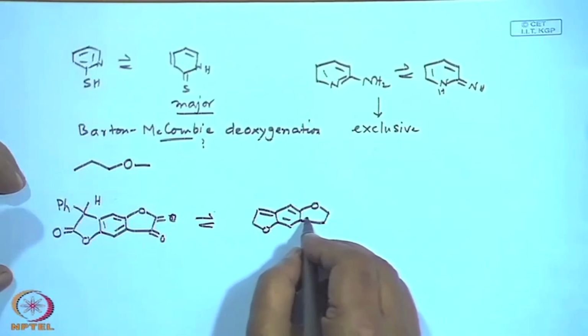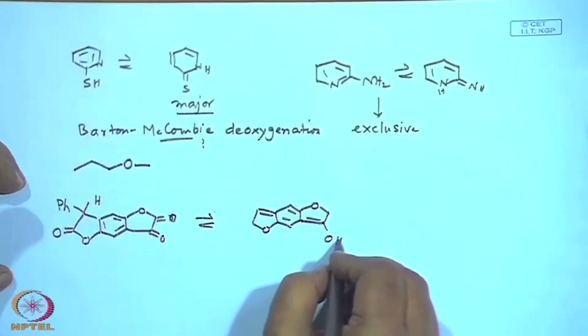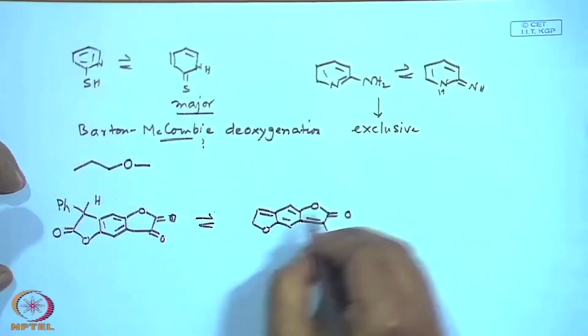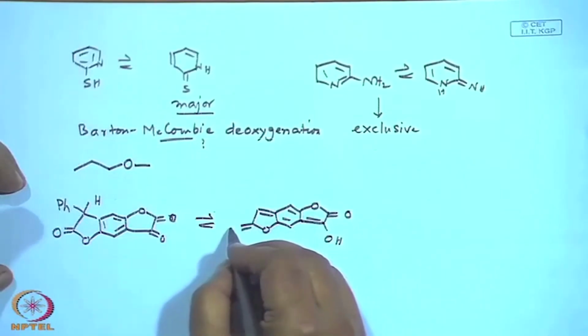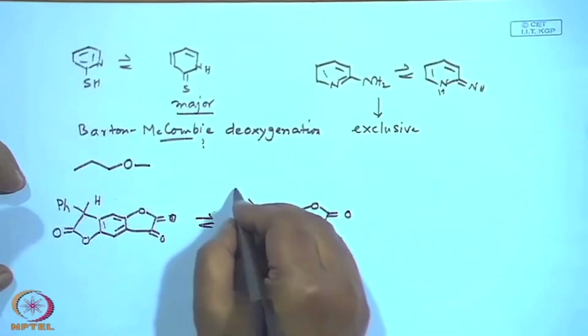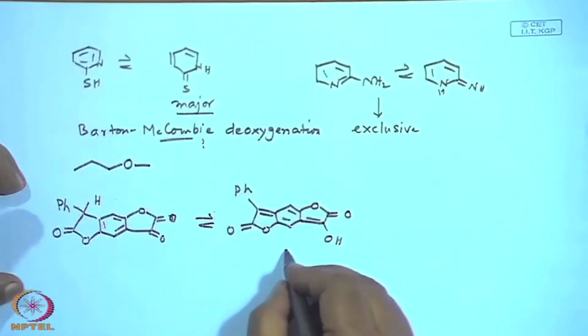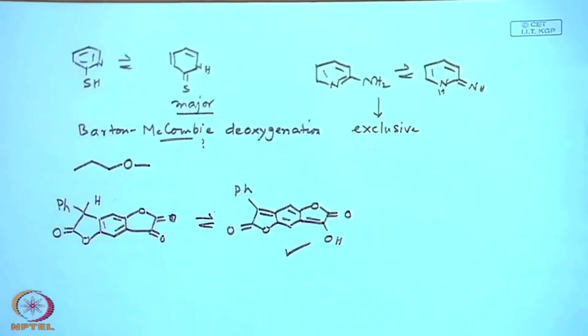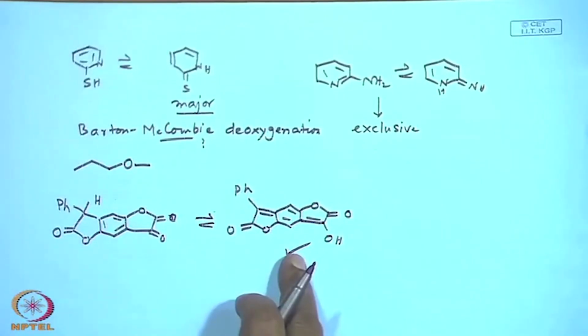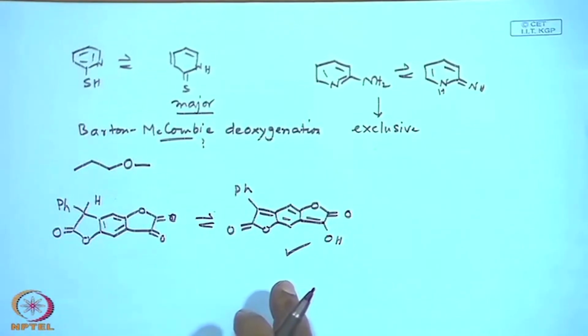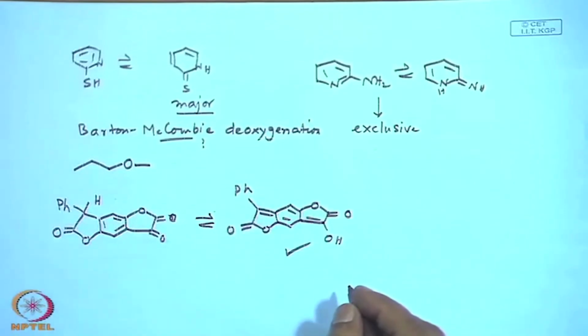Enolization breaks the aromaticity, and the enol that is formed is this one. So the equilibrium actually lies here, and this particular enol form has been crystallized and examined by X-ray. Okay. And the structure is proven now.